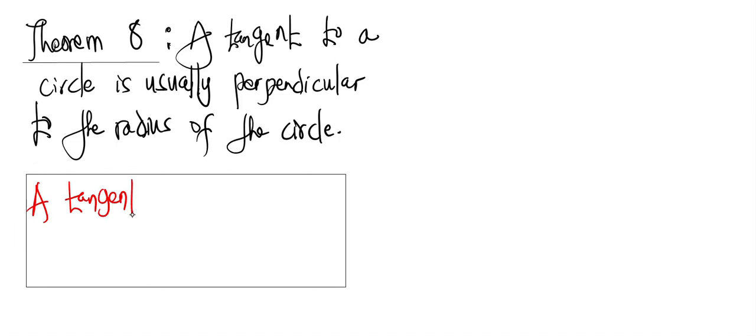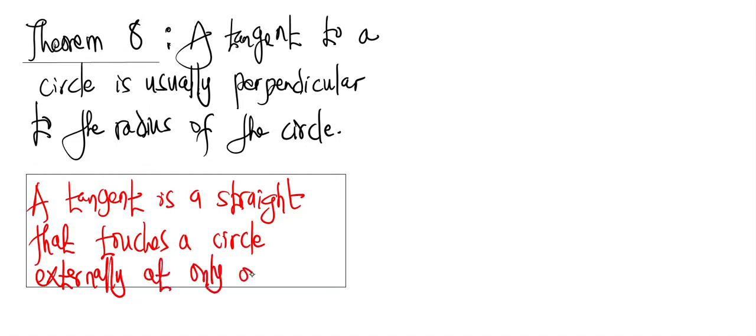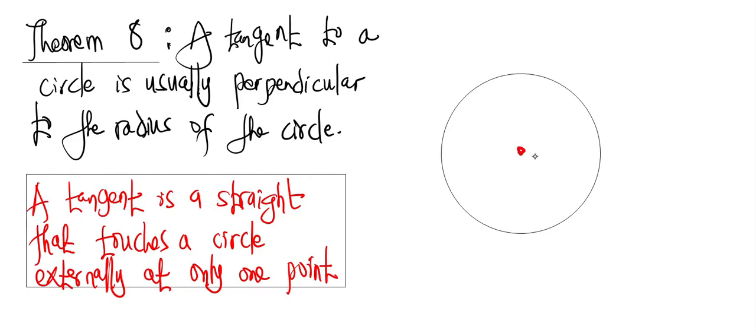So that we can understand that theorem: a tangent is a straight line that touches a circle externally at only one point.